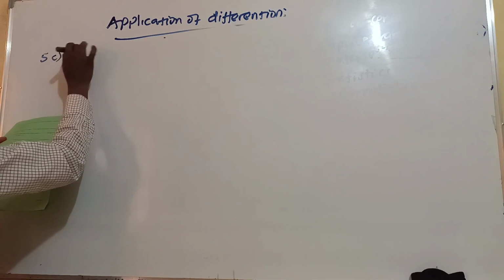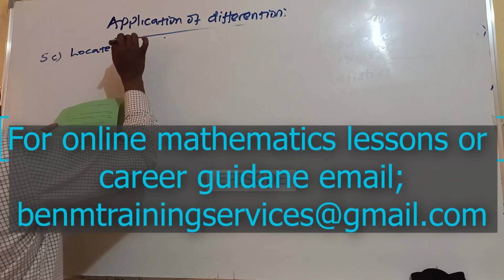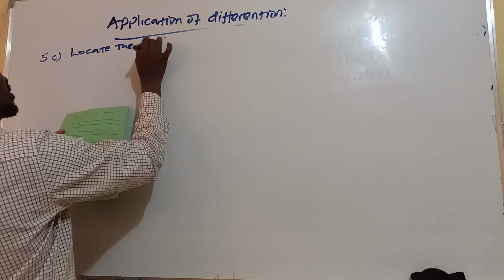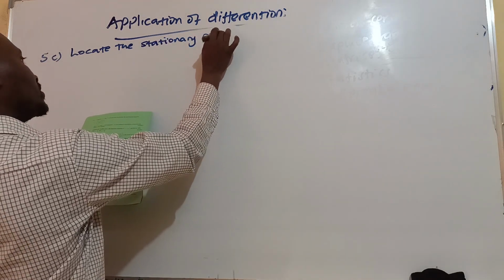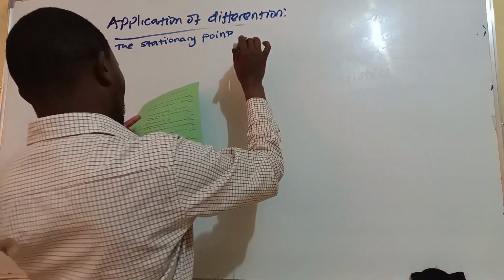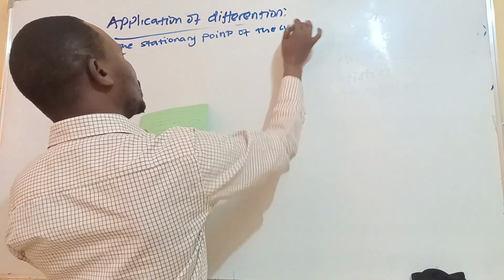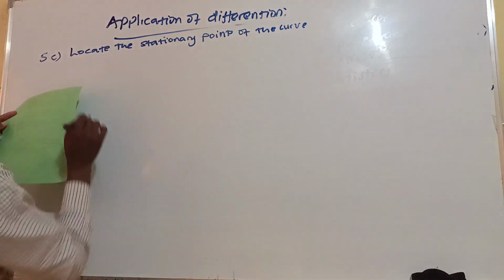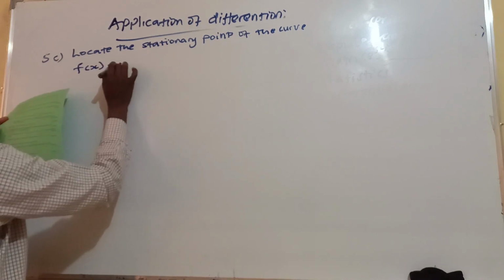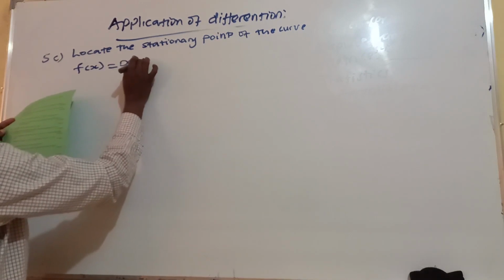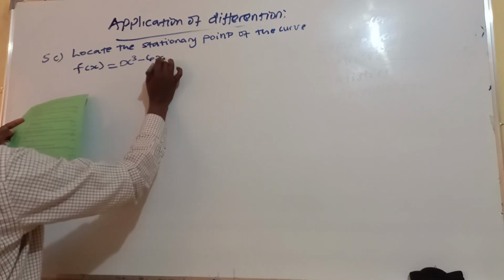Locate the stationary points of the curve f(x) is equal to x cubed minus 6x, x cubed minus 6.